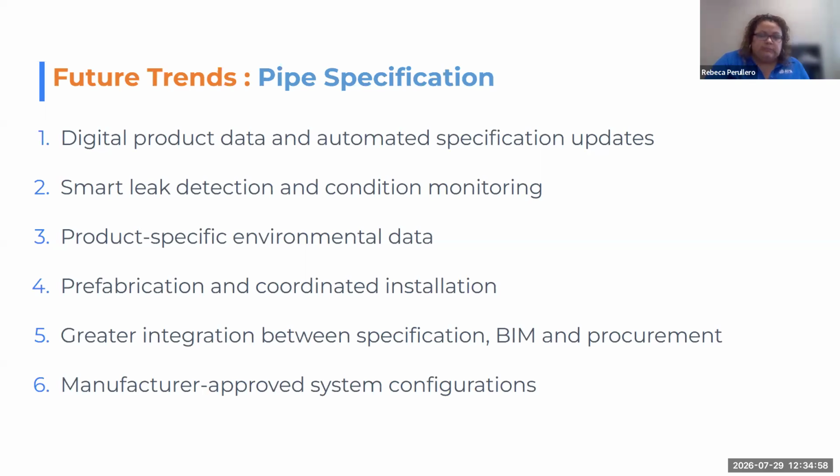And then we've seen some requests from engineers who are looking for more manufacturer-approved systems, getting a manufacturer's insight, especially for some of the newer solutions, and how some of the newer valves and leak detection solutions can work.